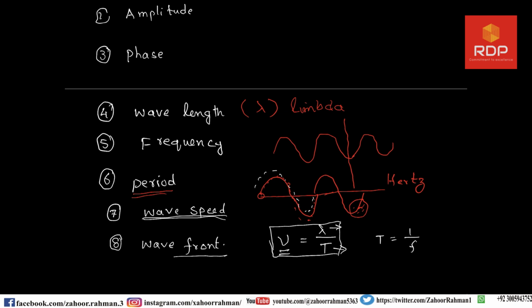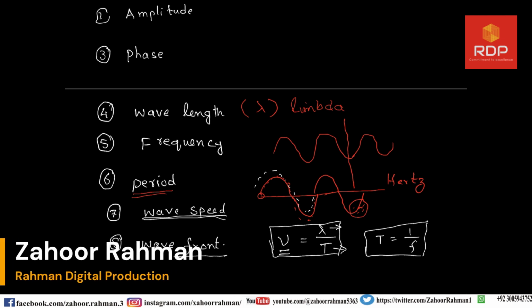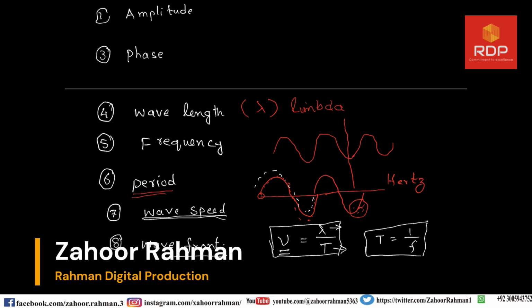The reciprocal of frequency is called time period, and the reciprocal of time period is called frequency. These are the two equations we will discuss in tomorrow's lecture in the examples.